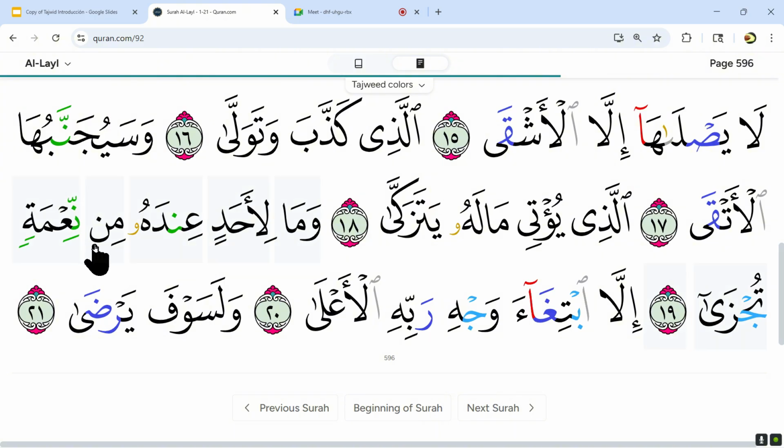And the min, من نعمة, is it heavier, or do you just hold on to it? You just hold on to it. Only heavy letters get an exaggerated ghunnah. Okay, I got you. And there's not really a way to mute it because they're both the same letter, a noon followed by a noon. So you're literally just holding on to two noons. Yeah. من نعمة.